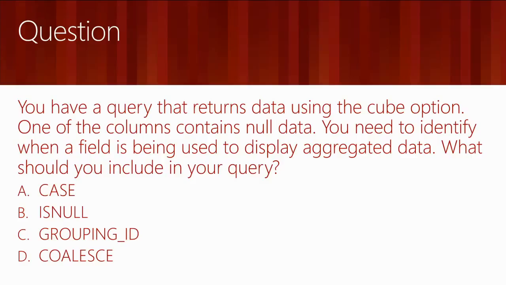You have, here's your scenario. You need, here's your problem. What should you do? Basically every question will have that pattern. You have, here's your environment. You need, here's your problem. What should you do? So in this particular case, what should you do?